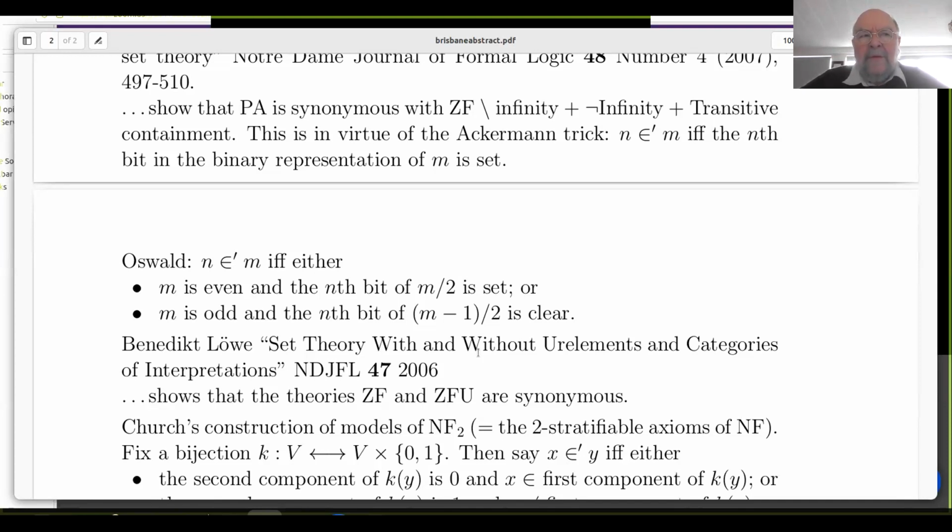You think of Kaye and Wong, which says that pure arithmetic and this suitable set theory are synonymous. The thought is that the noumena that they are describing are the same thing. So that they're a theory of an entity that can look like either a natural number if you look at it with one pair of spectacles, or a set if you look at it with another kind of spectacles.